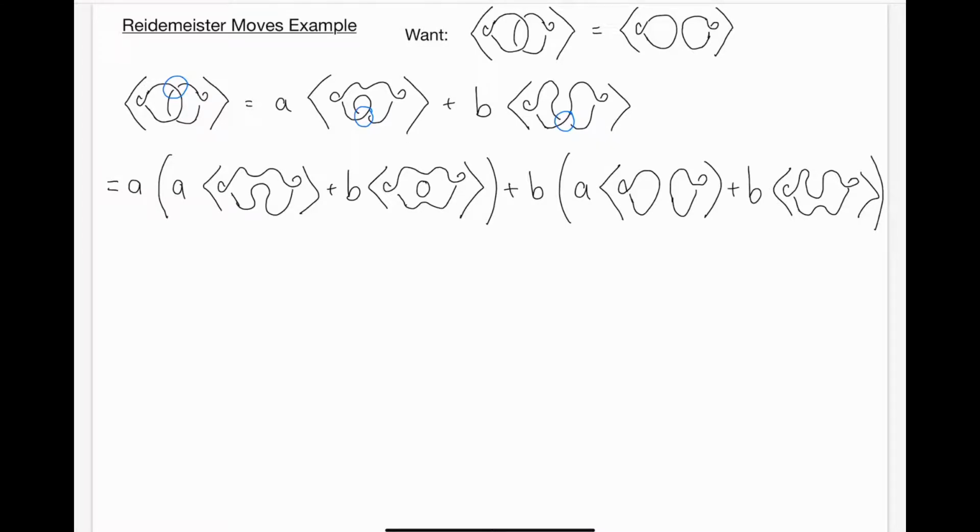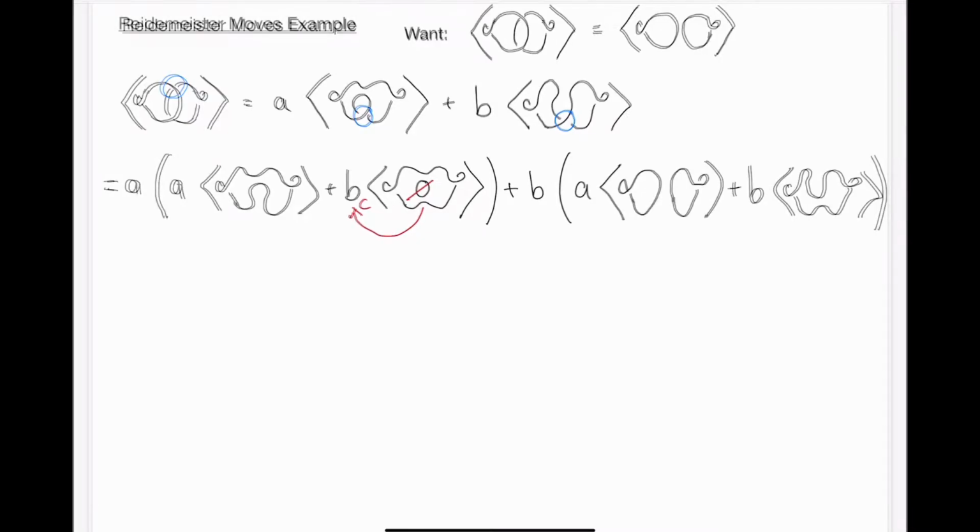Okay, so what do we see now? Well, one thing we can do is, in this bracket polynomial, we have this unknot here that we can move out as a C. So that's one thing we want to do. And then we also want to multiply out.